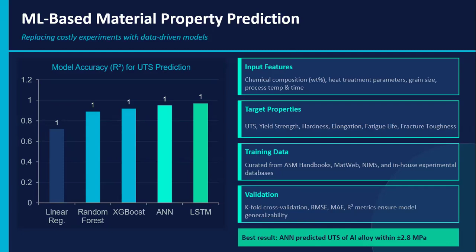The models are trained using large data sets and validated using statistical measures such as root mean square error and R squared values. In many studies, neural networks have predicted tensile strength with remarkable accuracy, reducing the need for extensive physical experimentation.